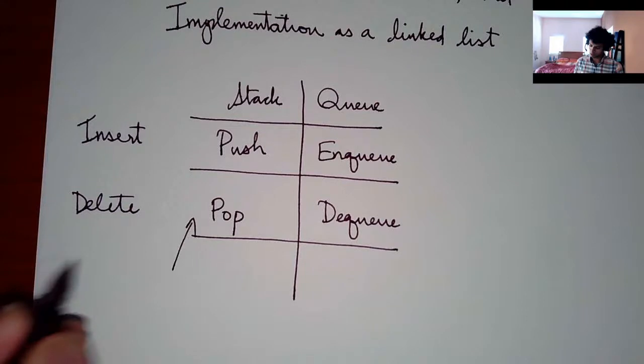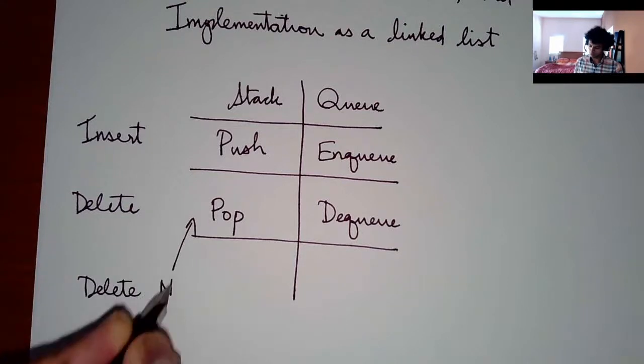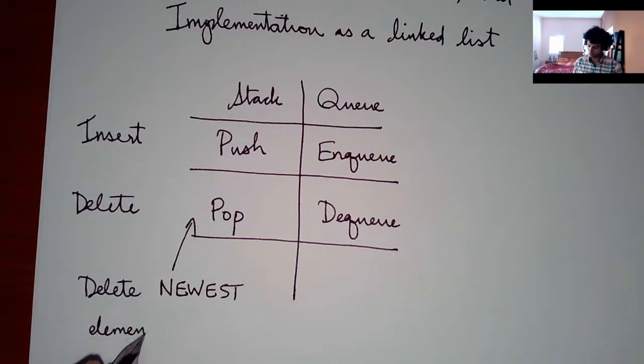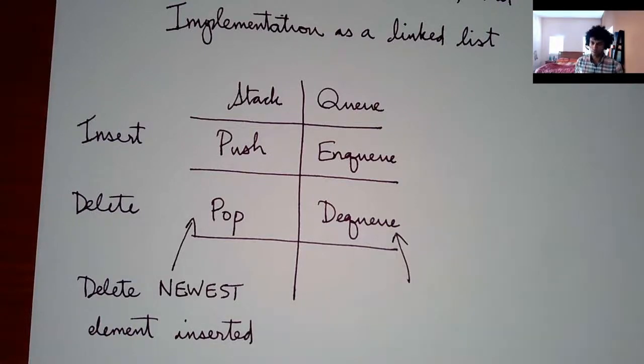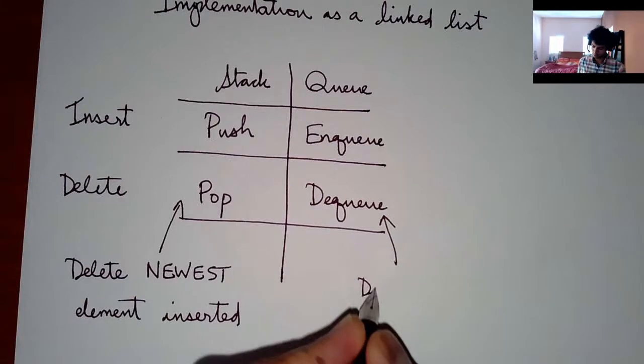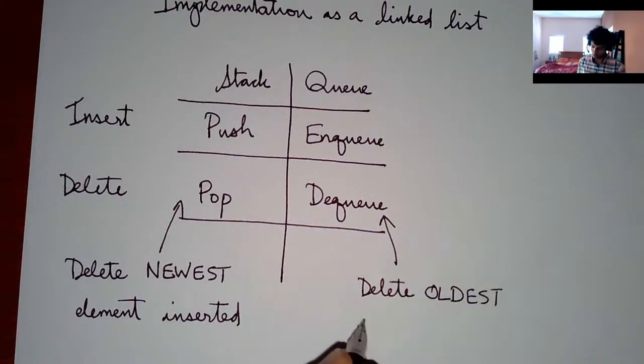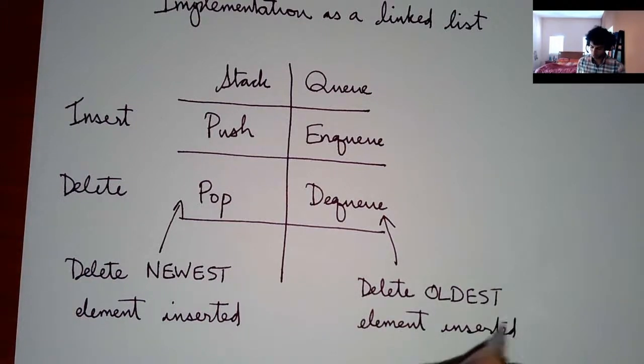This is delete the newest element inserted, and this is to delete the oldest element inserted. So the only difference is that it's just insert and delete. You cannot find in a stack and a queue.